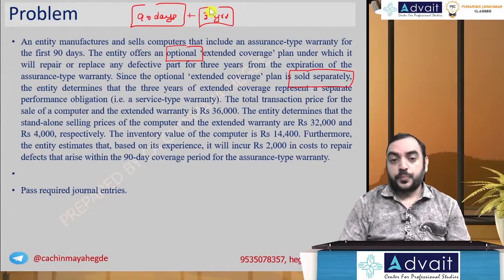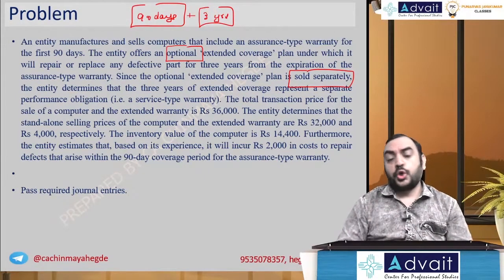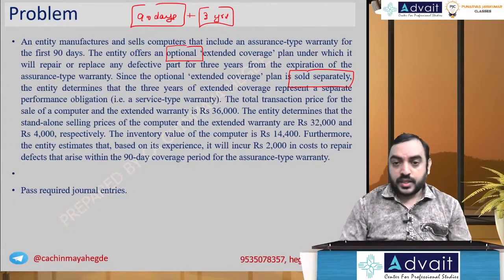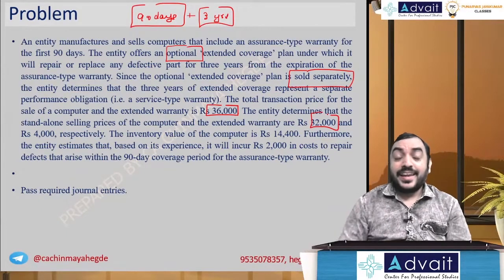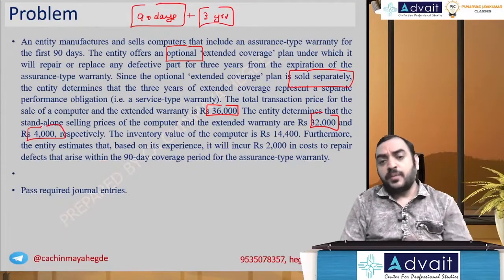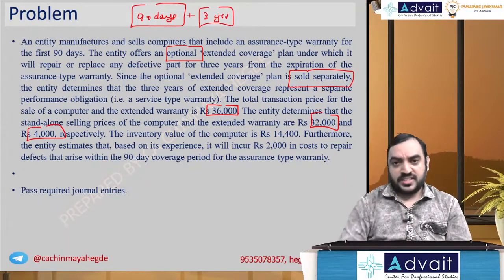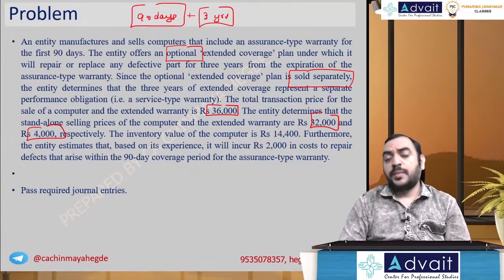So what are you going to do? You have sold goods worth how much? 36,000. And what does 36,000 include? It includes the selling price of the computer, 32,000, and the extended warranty, 4,000. So the first journal entry will be bank account debit 36,000, or trade receivables, since we don't know whether we receive the amount today or not.